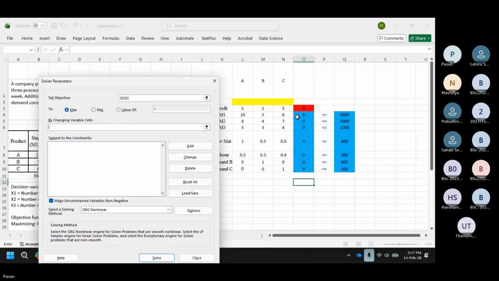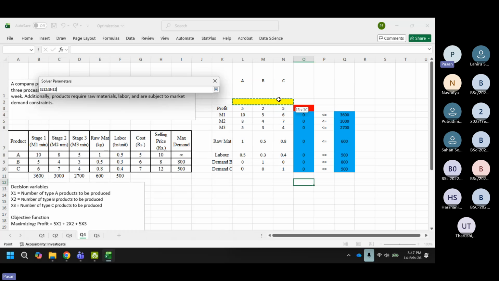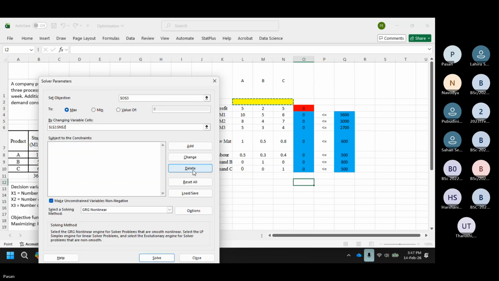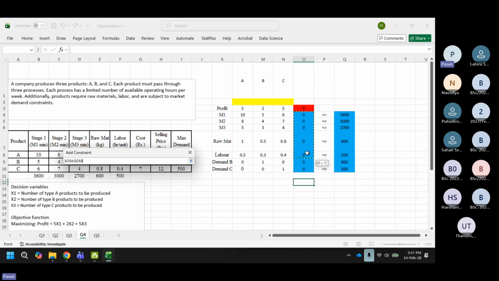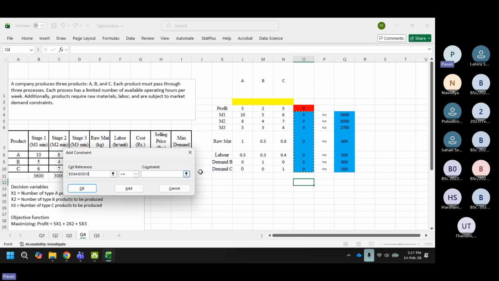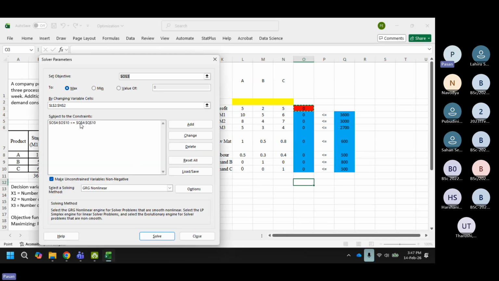And variable cells are these three, and I can have the constraints. Now, of course, we have this option as well, since all these are now in the less than or equal sign, I can directly select all these and directly select all these as well. And say okay, so basically now they're adding all these constraints all together like that as well.